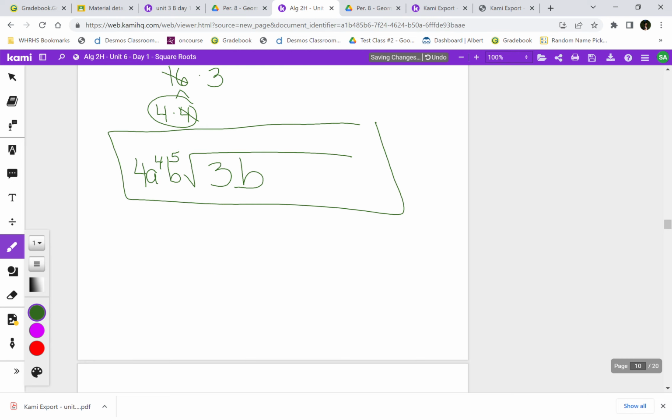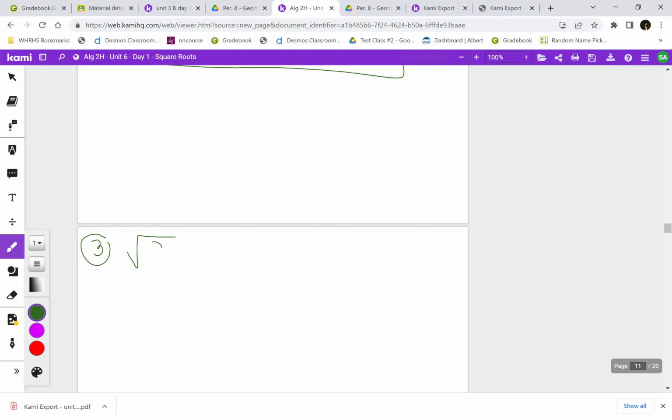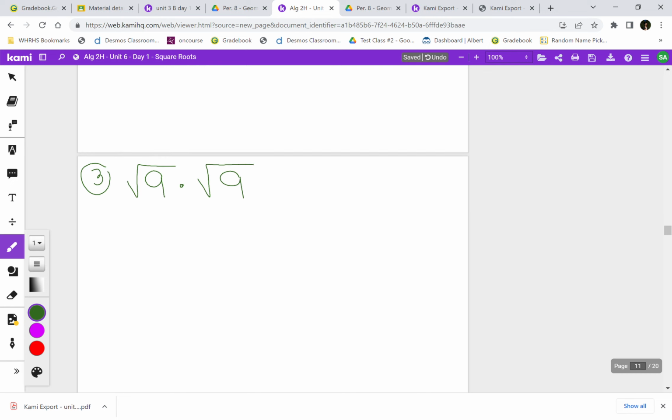All right. Root 9 times root 9. Well, isn't that just 9 times 9 a pair? So what's root 9 times root 9? 9.